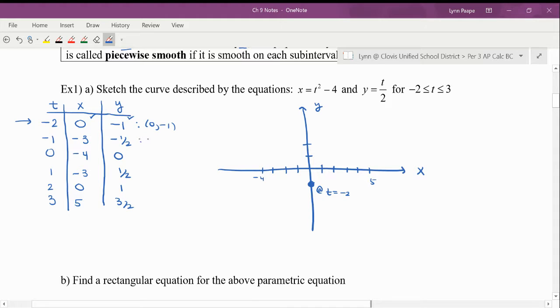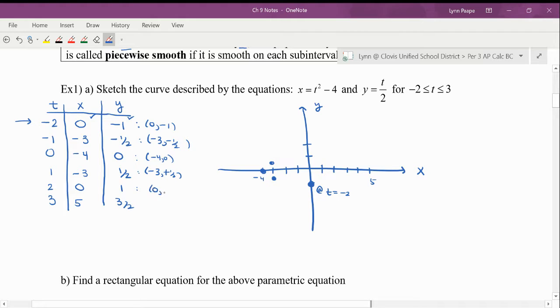And then here I'm going to graph that ordered pair, -3, -1/2. There's my second point, and then -4, 0. Let me write these down as I say them. And then -3, oops, how about a +1/2? -3, +1/2, so somewhere right around there.